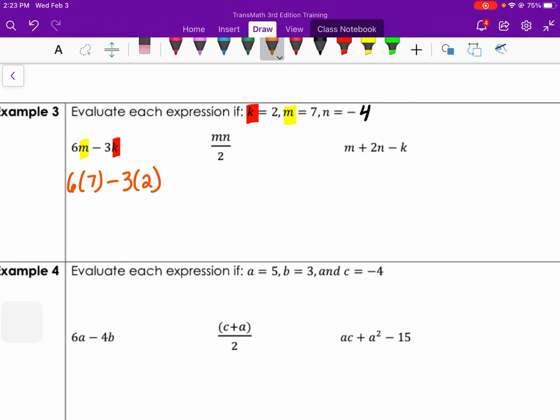So plugging in 7 for M and 2 for K. Then using the order of operations, so multiply first, 6 times 7 is 42, minus 3 times 2 is 6. 42 minus 6 is 36.